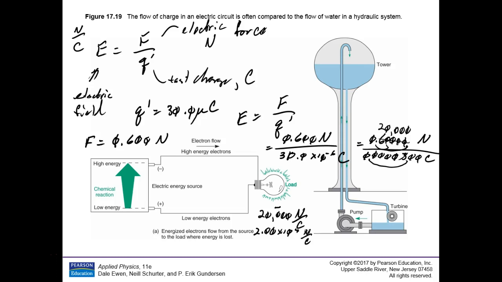He did a lot of other stuff too, but he was one of the first early researchers in electricity. And guess what unit they named after him? The volt, yes. They named the volt after Alessandro Volta.